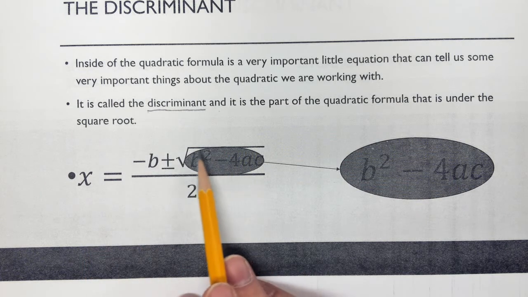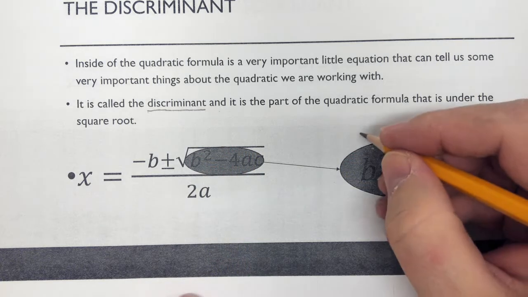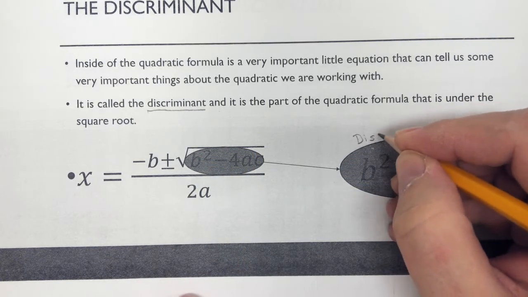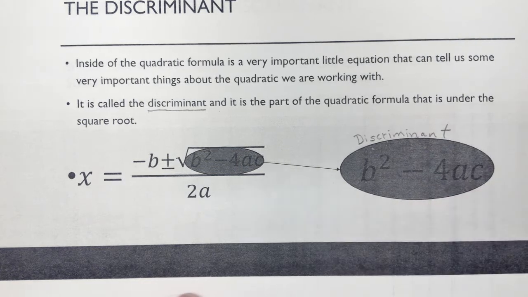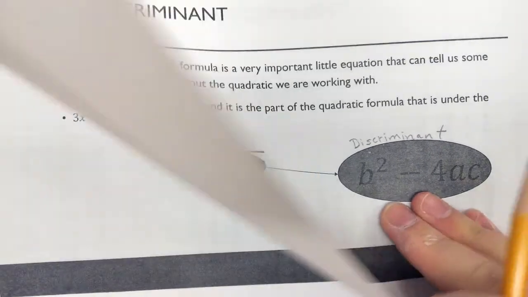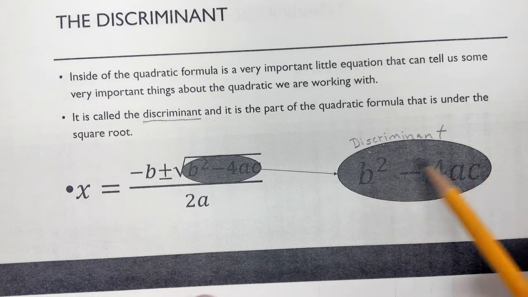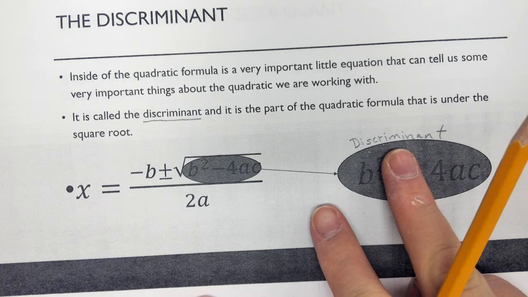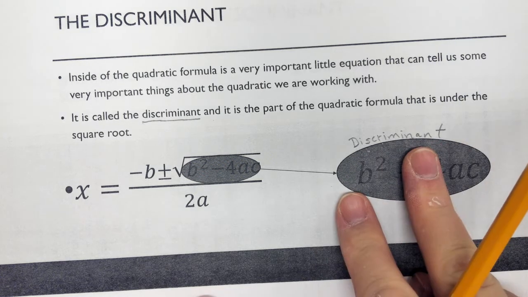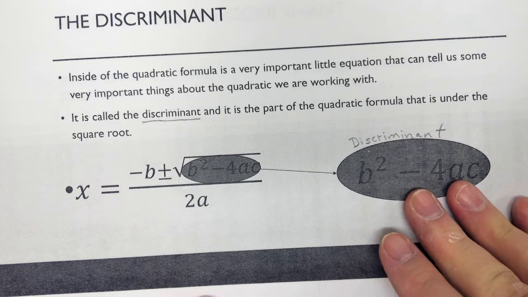This bit of information underneath the square root, b squared minus 4ac, is the discriminant. What we do with that is plug the numbers in, and it'll tell us whether we have 2 real solutions, 2 imaginary solutions, or 1 real solution.